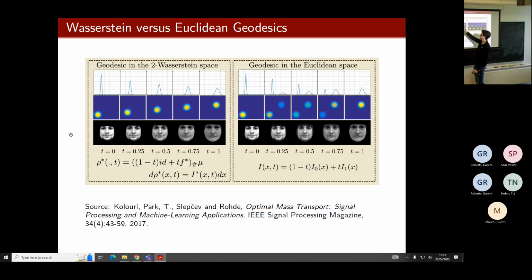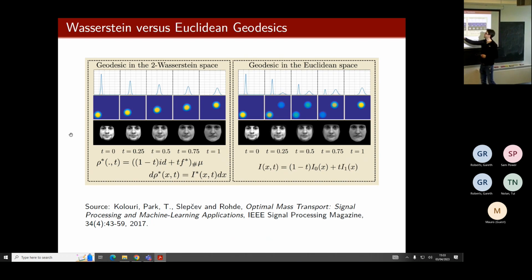The same thing happens in 2D. If I start off with a Gaussian in the bottom left-hand corner and one in the top right-hand corner, the interpolation in the Wasserstein space is just the Gaussian being shifted across, whereas in the Euclidean space, one Gaussian is being destroyed and the other is being created. This is maybe nicer in terms of images.